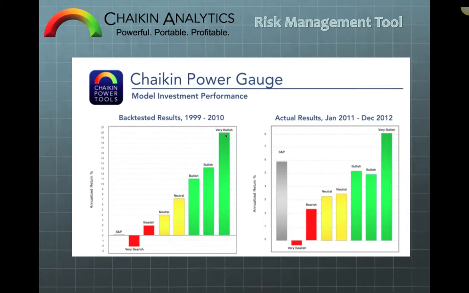And of course, the Chaikin Power Gauge is a multi-factor trading model that combines technical and fundamental analysis to give you an edge in the market. You're able to be extremely aggressive in outperforming the S&P 500 by choosing very bullish stocks and following that model to outsized returns.